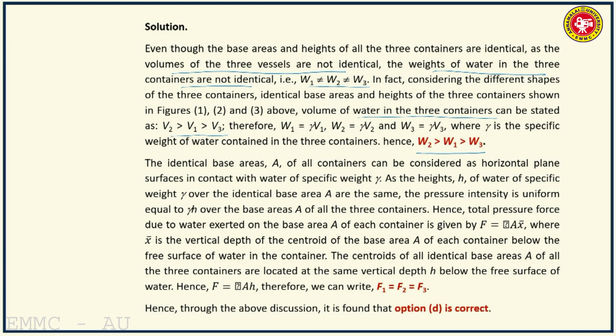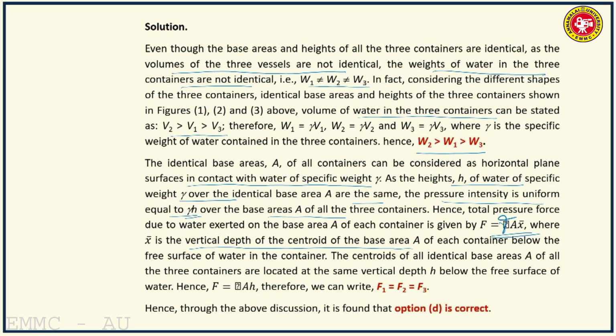The identical base areas of all containers can be considered as horizontal plane surfaces in contact with water of specific weight gamma. As the heights of water of specific weight gamma over the identical base area are the same, the pressure intensity is uniform, equal to gamma h, over the base areas A of all the three containers. Hence, the total pressure force due to water exerted on the base area will be gamma A x bar, where x bar is the vertical depth of the centroid of the base area A of each container below the free surface of water in the container.